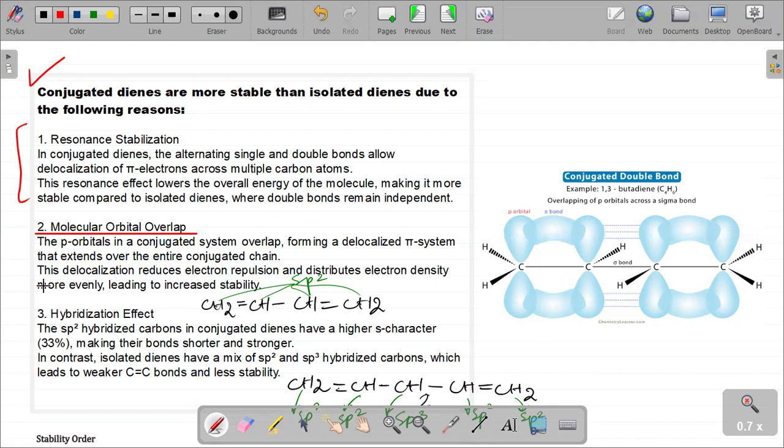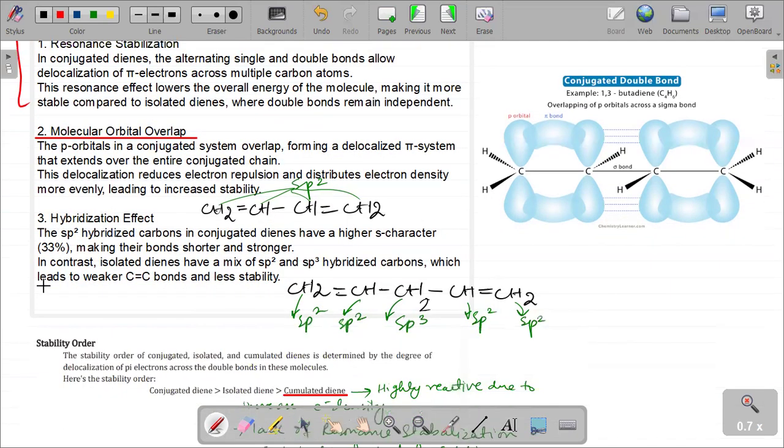And the third reason is the hybridization effect, right? This is a very important point. The carbons in the conjugated diene are all sp2 hybridized.